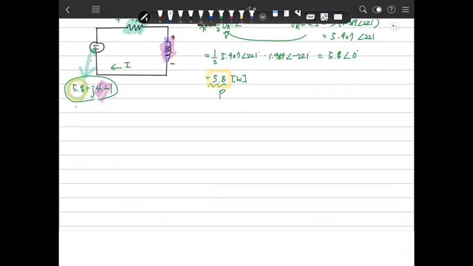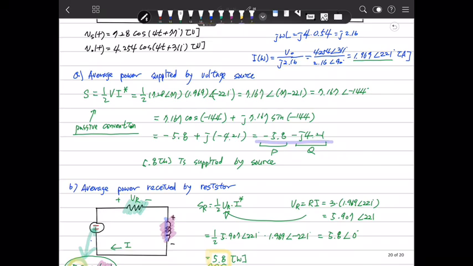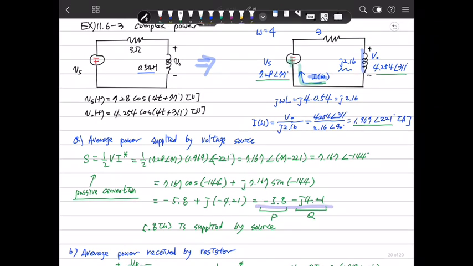Then part C is the average power received by the inductor. The same way, we can calculate SL is half VL I conjugate.